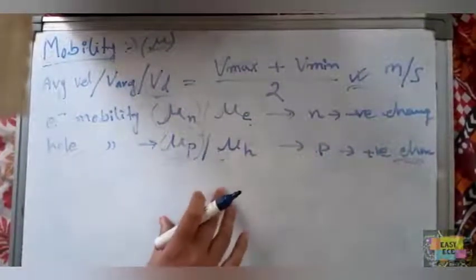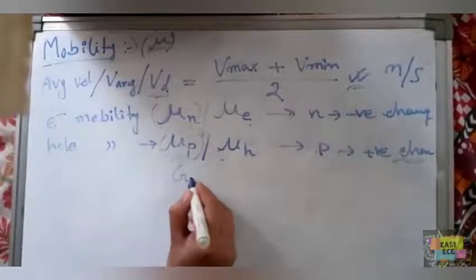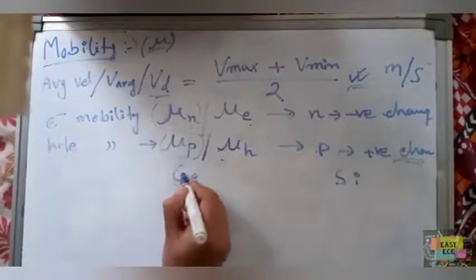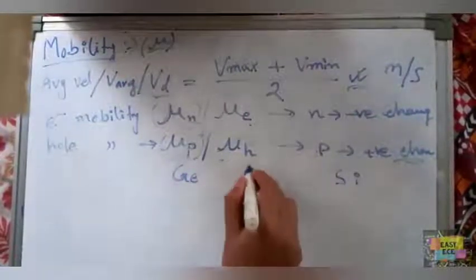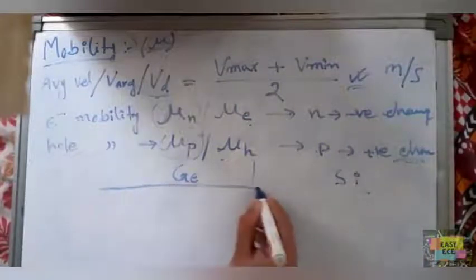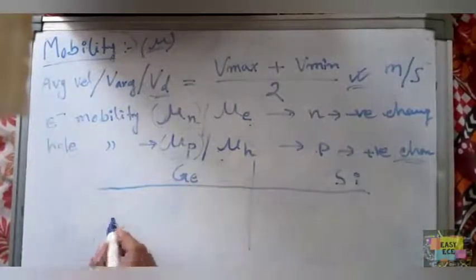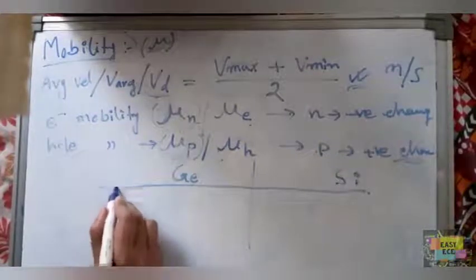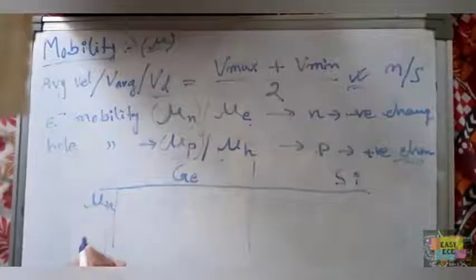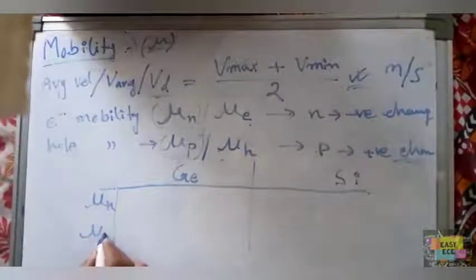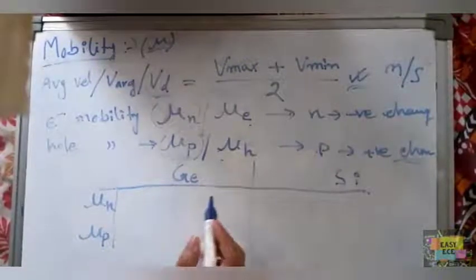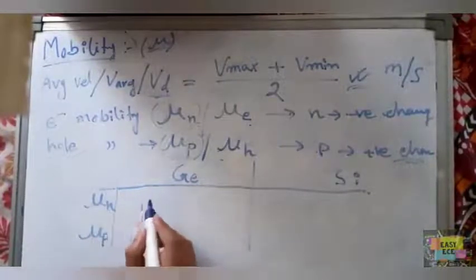Now what are the mobility values of germanium and silicon? We make a table with mu n for electron mobility and mu p for hole mobility.